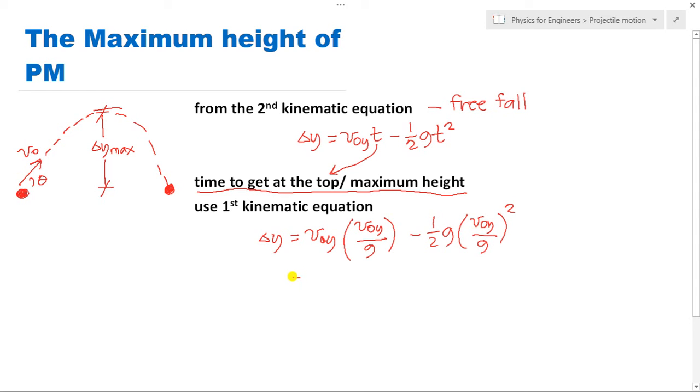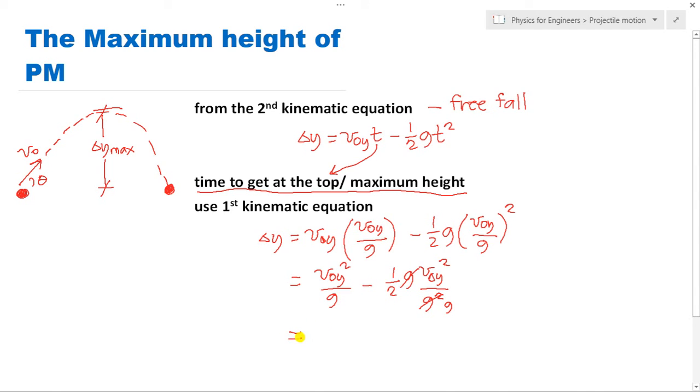As you can see, we simplify. So Voy magiging squared na to kasi Voy times Voy squared all over g, minus 1/2 g times Voy squared all over g squared. As you can see, may g sa itaas, may g sa baba. Maka-cancel out yung isa. What's left is isang g na lang sa baba.